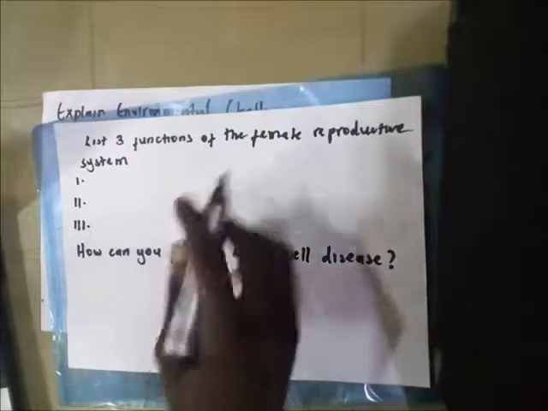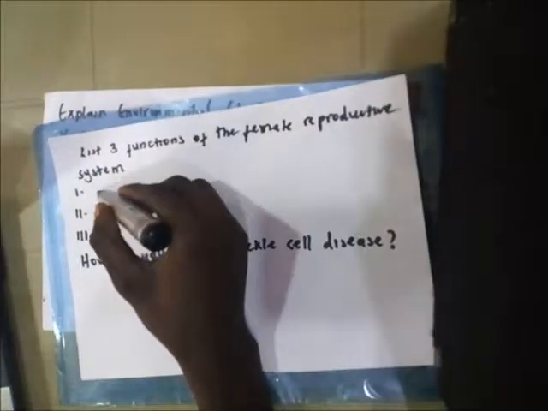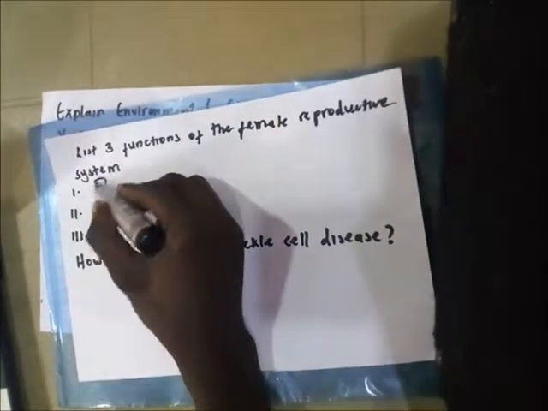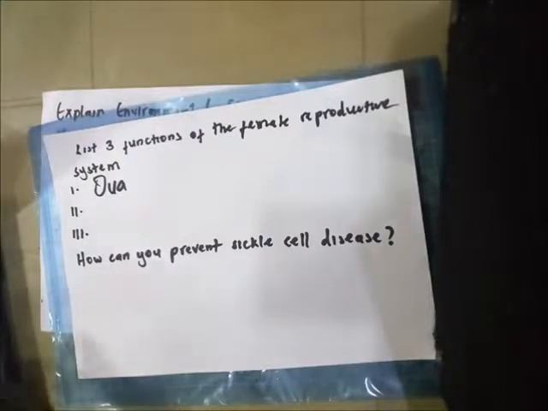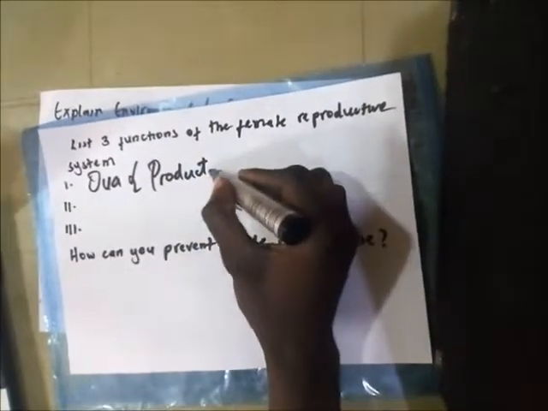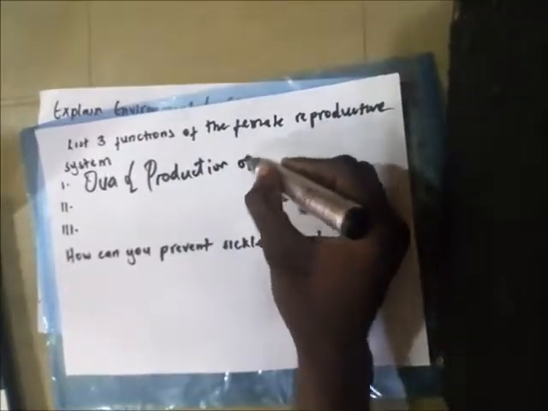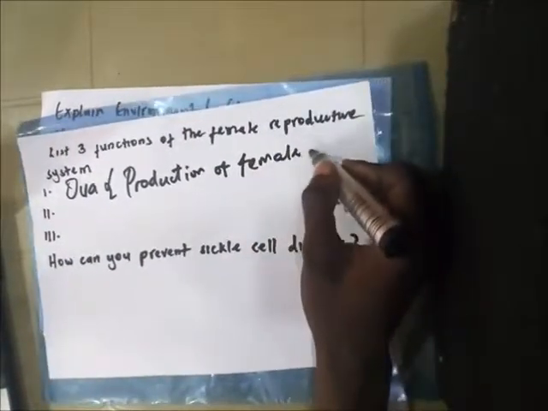The functions of the female reproductive system: number one, production of female gametes, and the female gametes are referred to as ova.